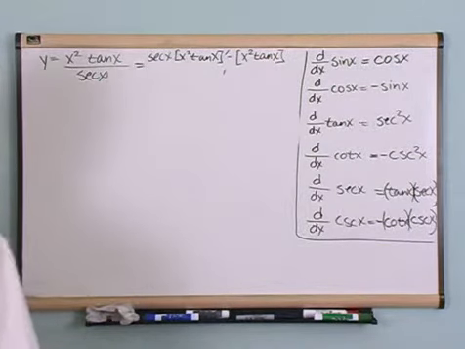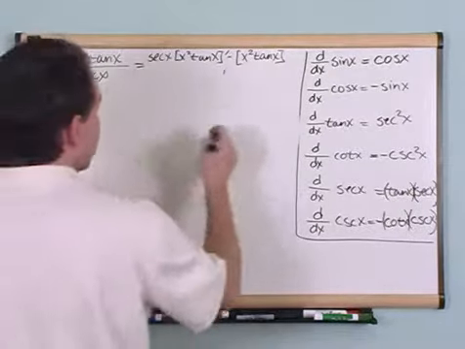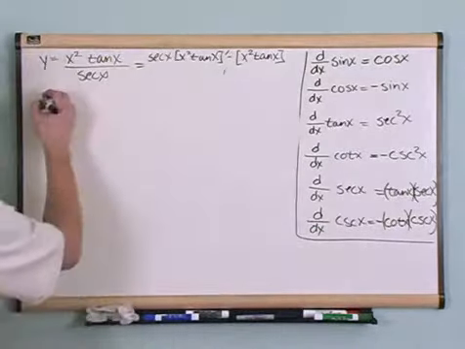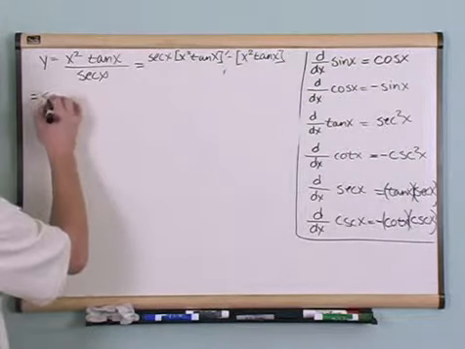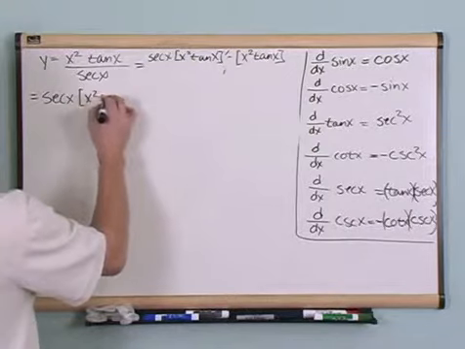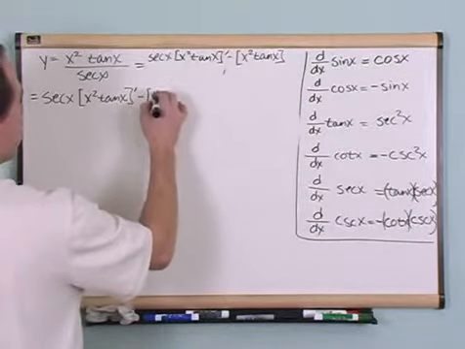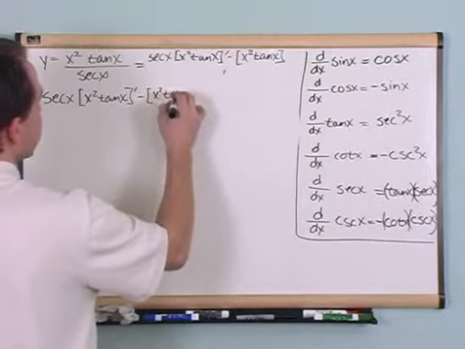Derivative of secant is simply tangent times secant. Okay, so actually what I'm going to do here, since we ran out of a little bit of space, is I'm going to rewrite it here. Secant times x squared tangent x, got to take the derivative, minus x squared tangent of x.